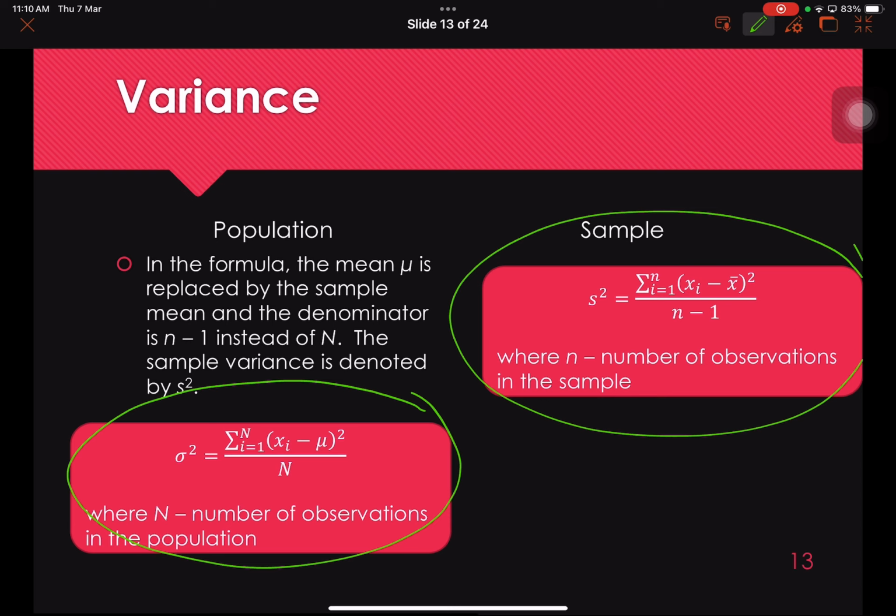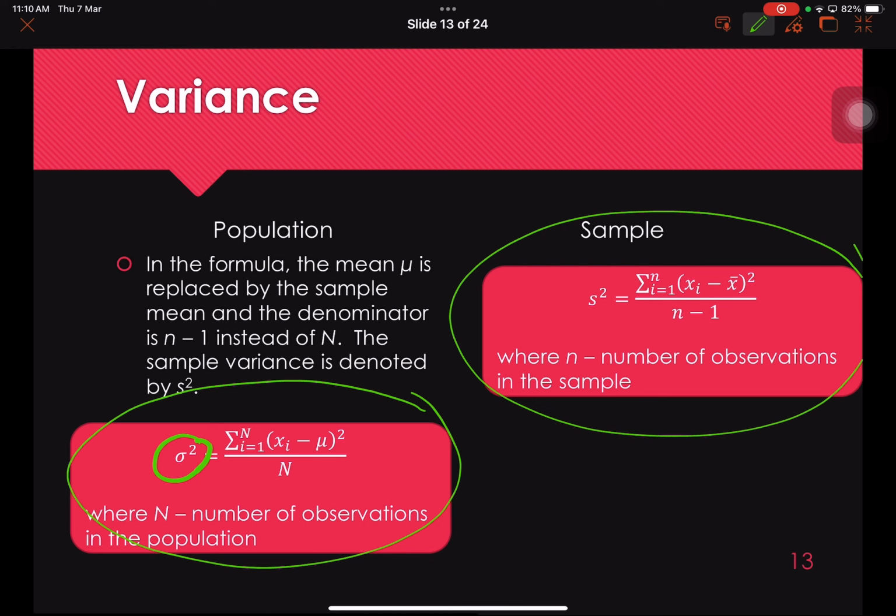Capital N, correct. The first point is that we have capital N. The other thing, why do we say the left-hand side is population? Obviously because it is under population. Yes, correct too. Based on the notations or symbols, we use sigma.